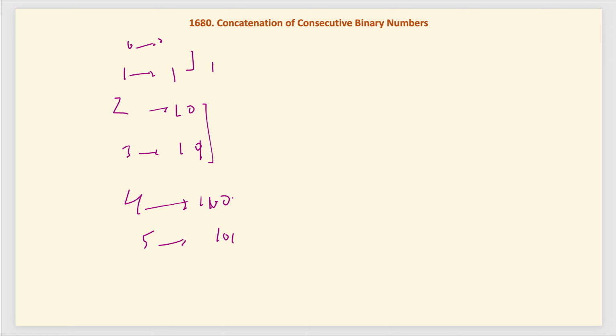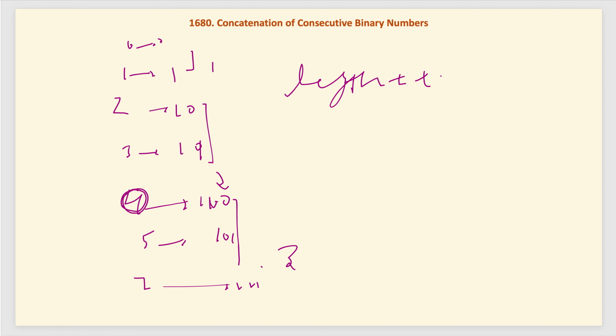Till 7, which is 1 1 1, the length is 3. So whenever we get a number that is an exact power of 2, the length increments by 1 from the previous length. So we have to find out whether the current I is a power of 2. If it is, we keep a length variable and increase it by 1 when I is a power of 2.